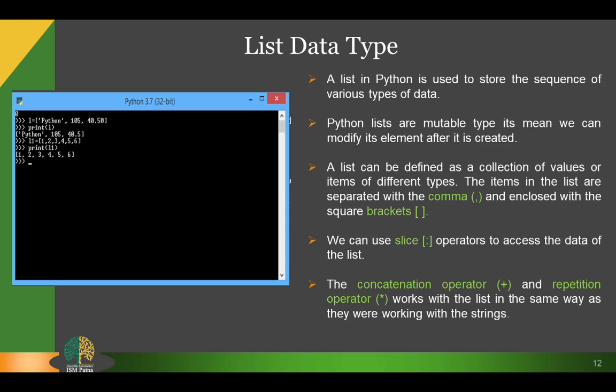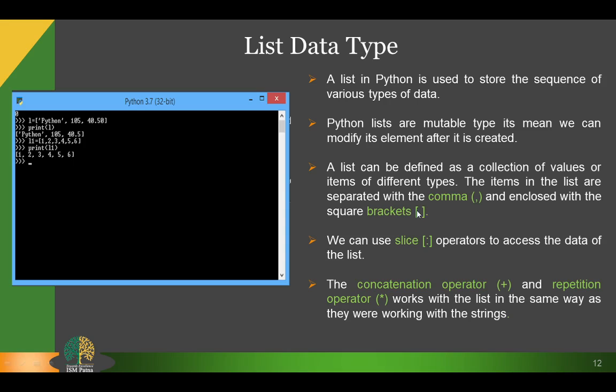Python supports non-homogeneous data type collections. It means we can make a list of different data types, whether complex numbers or numerical values, that is integer, float, string. Any type of data can be collected in a single container, that is in a single list.